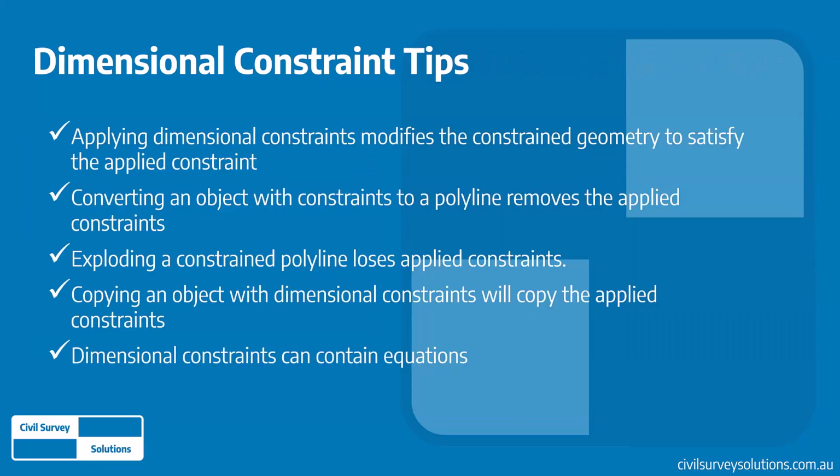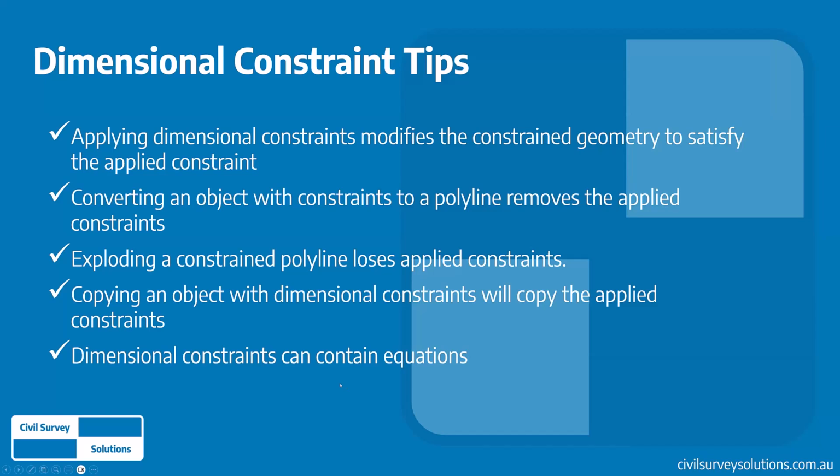Some dimensional constraint tips. When you're applying dimensional constraints, it modifies the constrained geometry to satisfy the applied constraint, if the constraint is valid, that is. Converting an object with constraints to a polyline removes the applied constraints, so similar to the other constraints, if you explode, those constraints will disappear.